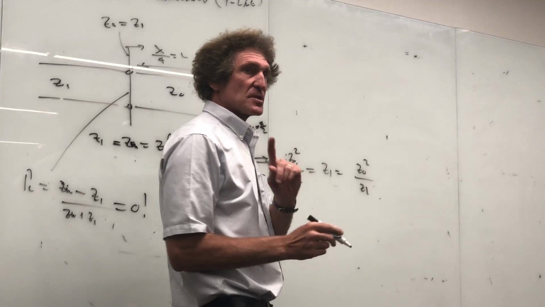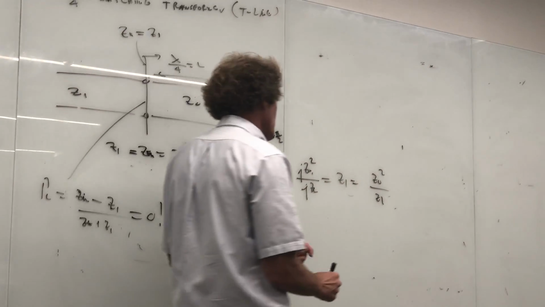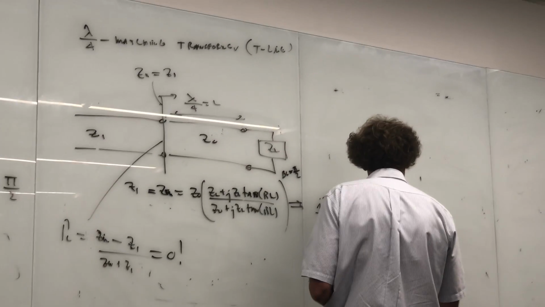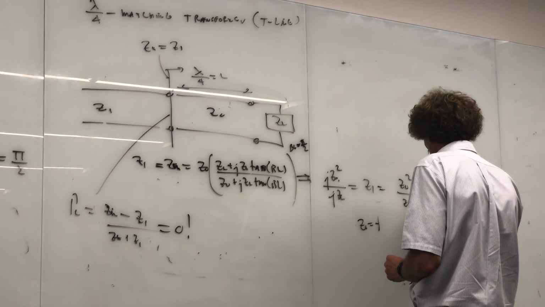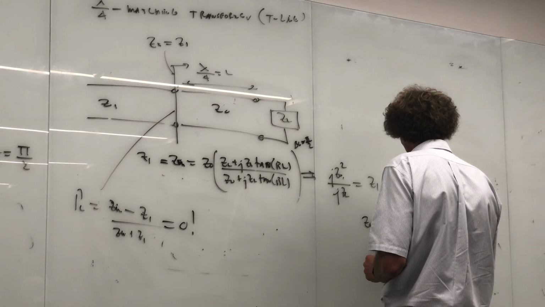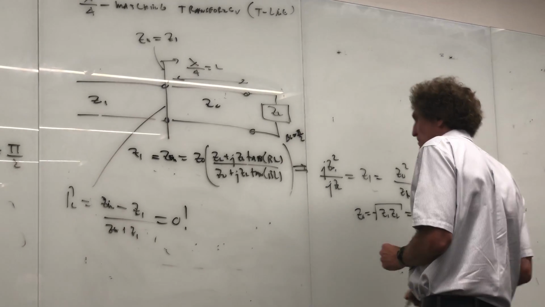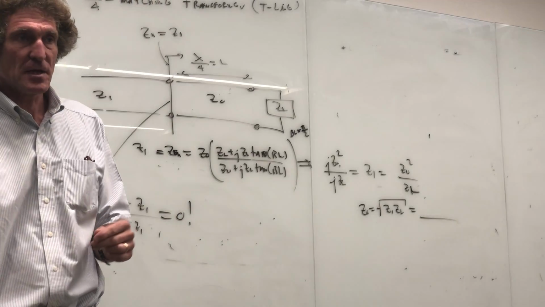And therefore we can select the value of Z0 that will make this work, to make it match. And if we take Z0 equal to the square root of Z1 times ZL, that in fact will match that. So there will be no reflected waveform. Do you follow me on this, class?